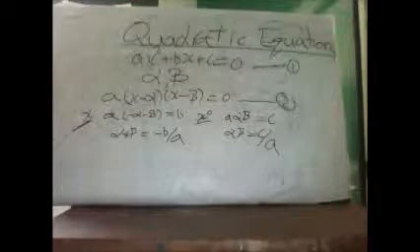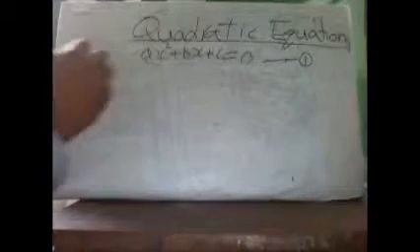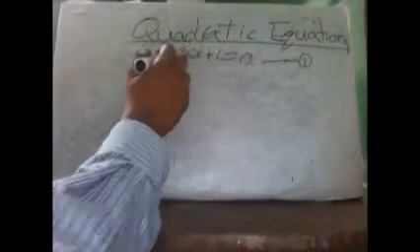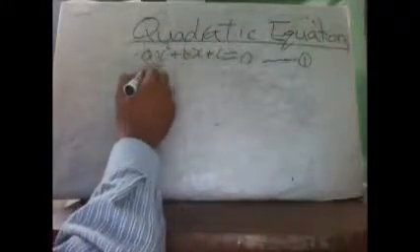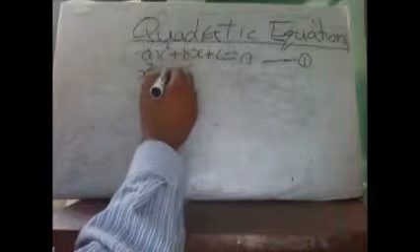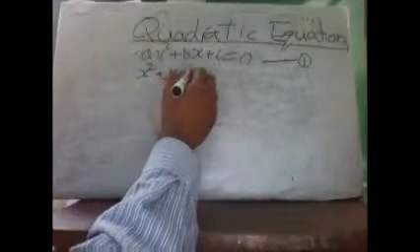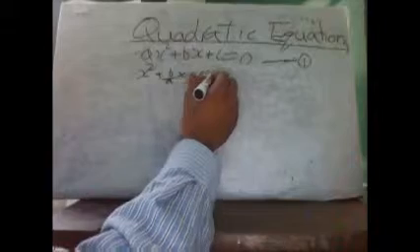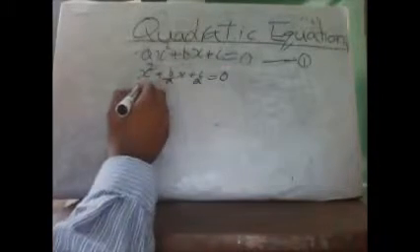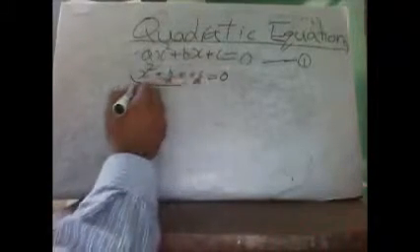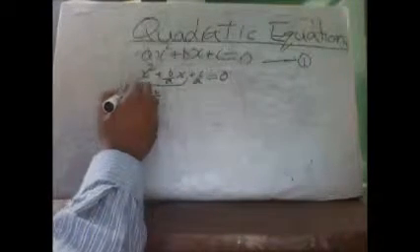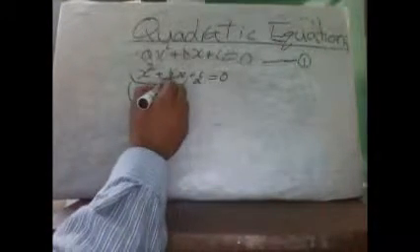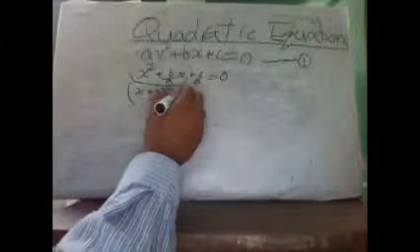Now to solve this equation and get the general solution, we first divide it by a, which gives us x square plus b by a x plus c by a is equal to 0. Now the first two terms can be written as the whole square of x plus b by 2a, plus c by a.